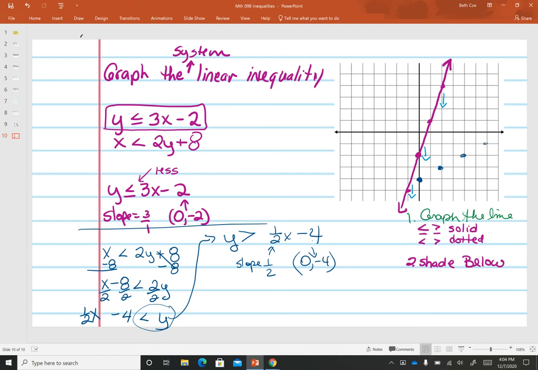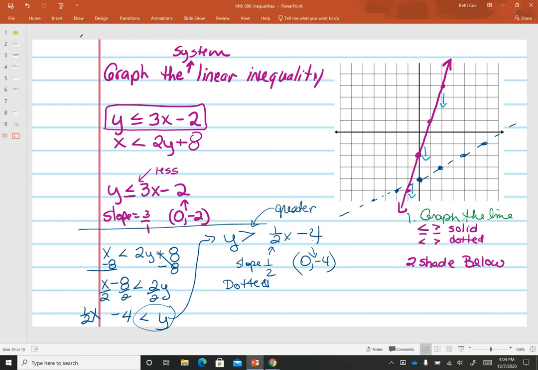Here we go. All right, now this one is dotted. This is a dotted line, so I'm going to dot that line. Okay, now it says greater than.